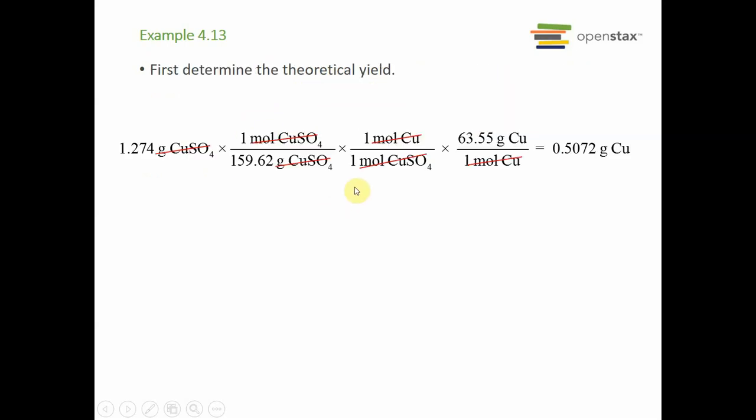Okay, so copper sulfate divided by its formula weight gives you X number of moles. There's 1 mole of copper per 1 mole of copper sulfate, so that's your stoichiometry, times 63.55 grams of copper per 1 mole, and that gives 0.5072 grams of copper.